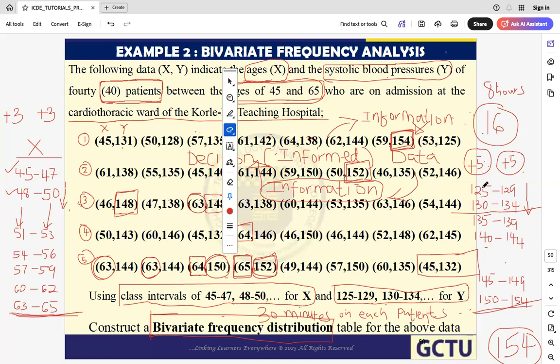So it means that we need to keep coming down till we get to 154. How are we coming down? It means we need to look at the difference between the first two we have been given. From 125 to 130, it is plus 5. From 129 to 134 also, it is plus 5.